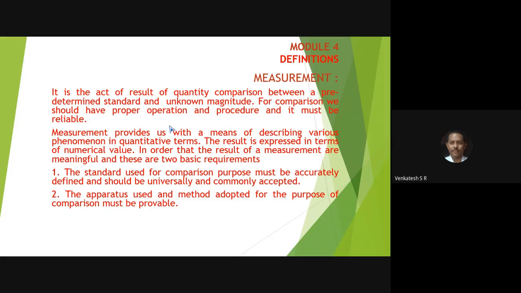Here, the unknown magnitude is the length of the shaft and the known magnitude is the scale. From that you can measure the length. That is the procedure you use for measurement of length. In the same way, you have to use the standard procedure for measurement of time, temperature, pressure and other items, as specified by the government of India.